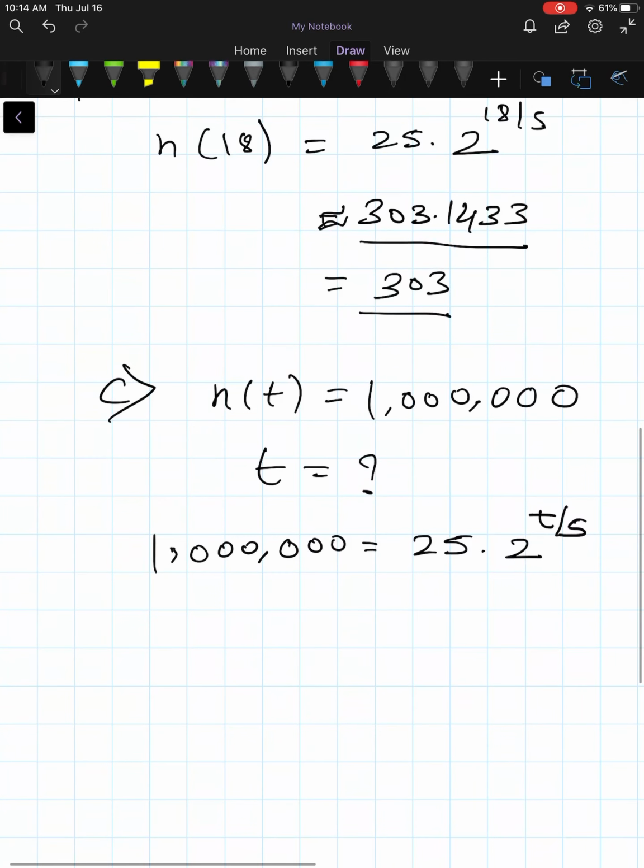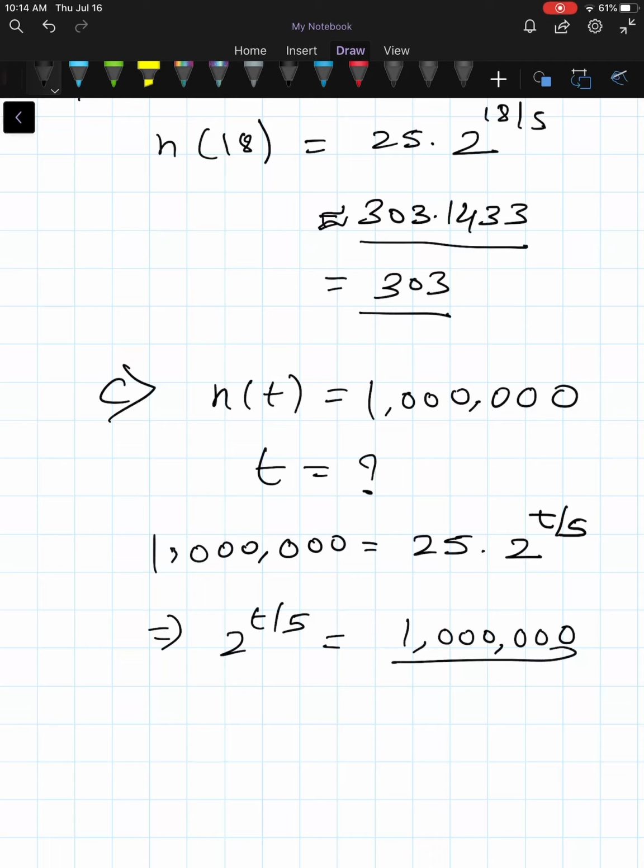Now I bring the exponential term to one side. So 2 to the power of t by 5 equals 1 million divided by 25. What is 1 million divided by 25? That is 40,000.